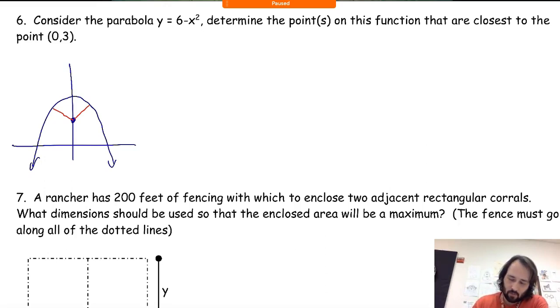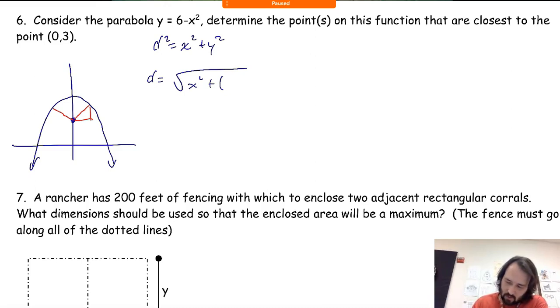So if I think about this, the distance equals x squared plus y squared, that's just Pythagorean theorem. So the distance is the square root of x squared plus y, which is 6 minus x squared, but it is to the point 0, 3.